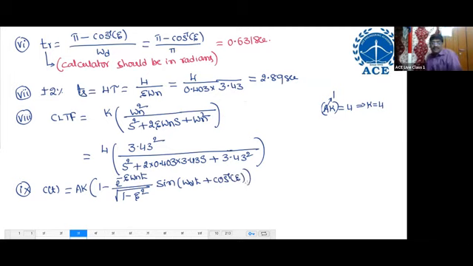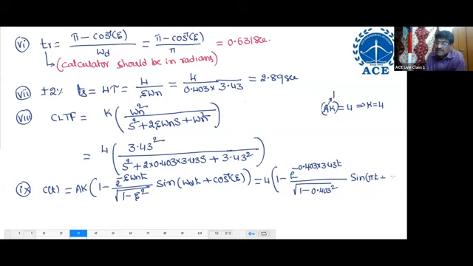Substitute all the values: 4 into 1 minus e power minus 0.403 into 3.43 t, divided by root of 1 minus 0.403 whole square, sine of omega d t plus cos inverse of 0.403, with pi as 3.14.